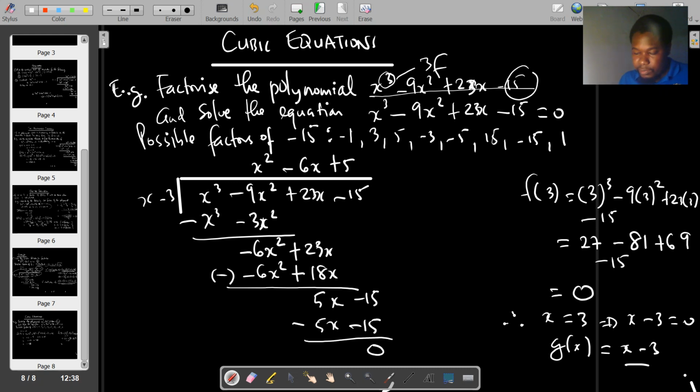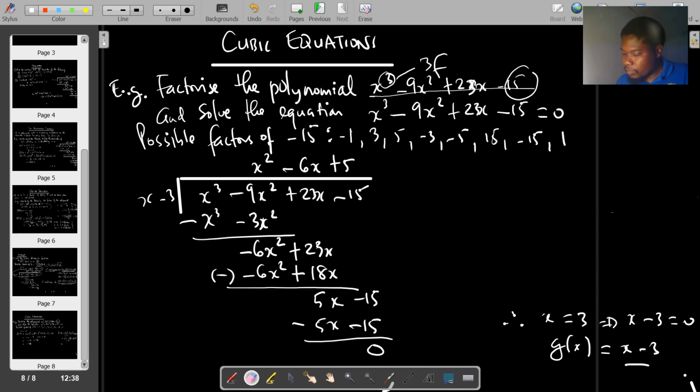When we subtract the two, we get a 0. So this is how we'll write it. The dividend x to the power 3 minus 9x squared plus 23x minus 15 is equal to x minus 3 times the quotient x squared minus 6x plus 5, okay.